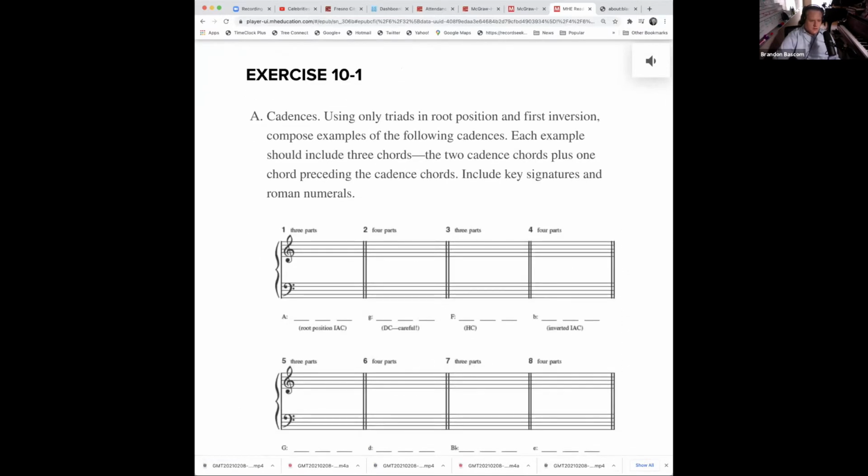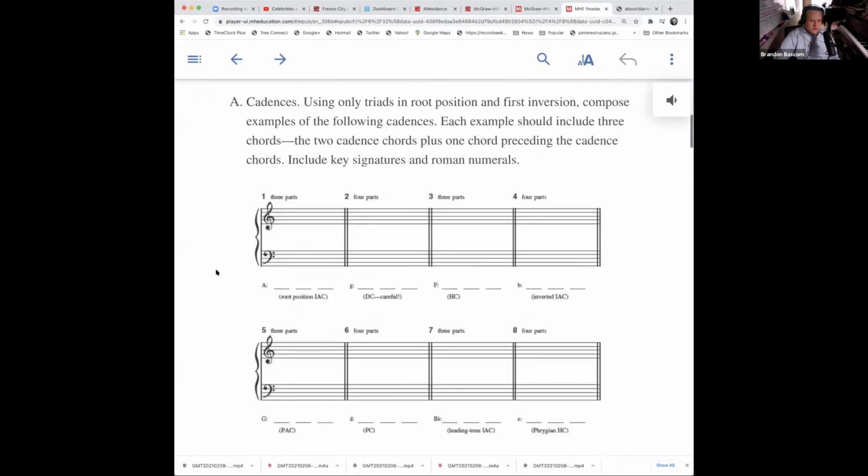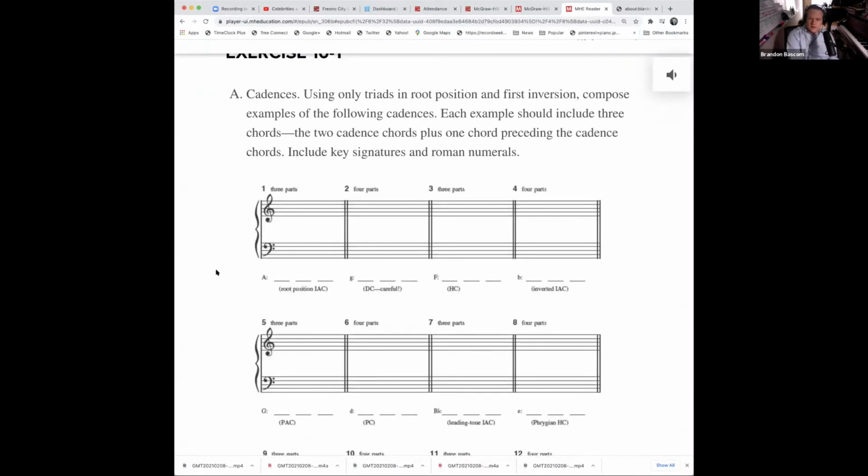Did we do A last time? Sorry. Did we do this? Doesn't look familiar. Or I was going to make you do it on your own or something. Let's touch base here.